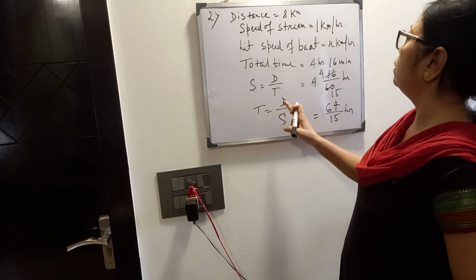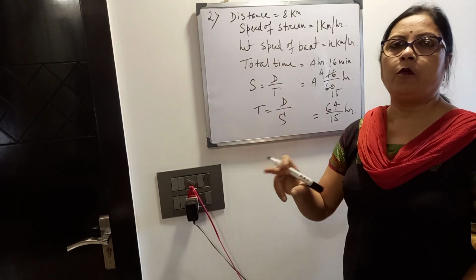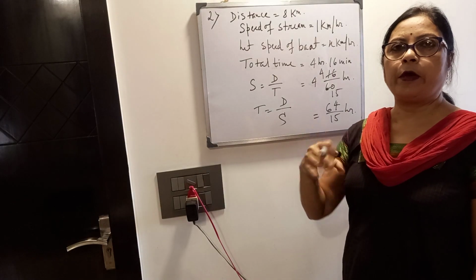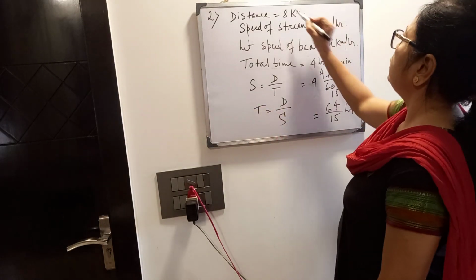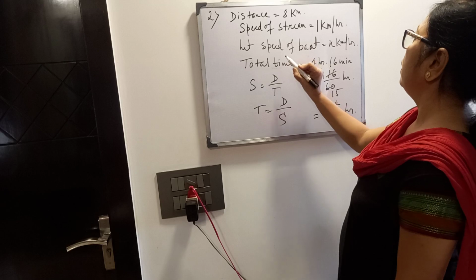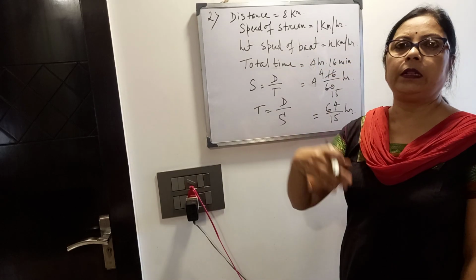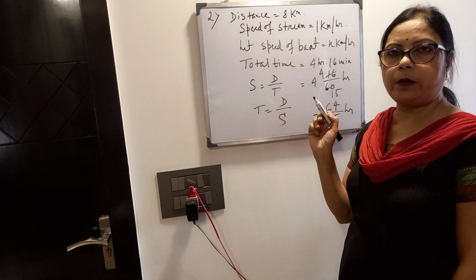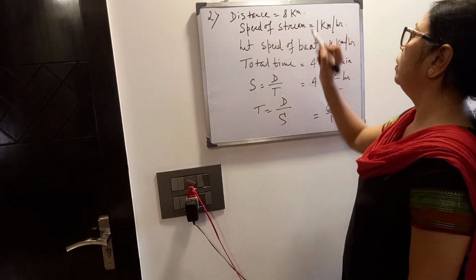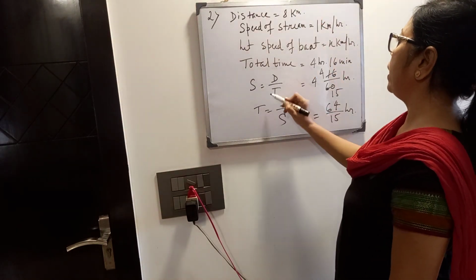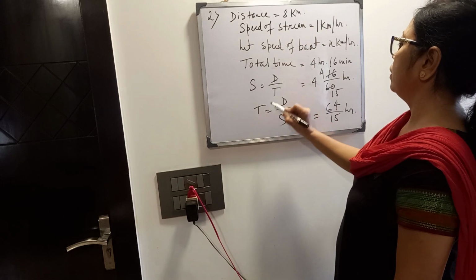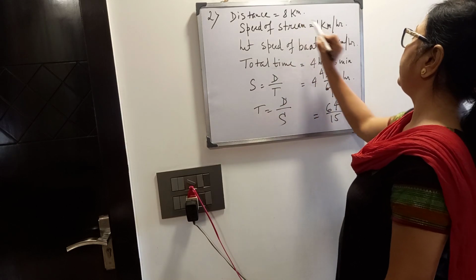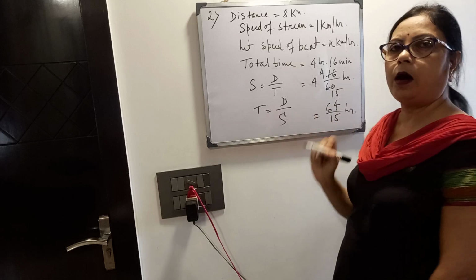Now what will be the time when the boat is going? Distance is 8 kilometer and the speed of boat at that time will be x plus 1. Just now I have discussed x plus 1. So your time, distance by speed, will be 8 by x plus 1 hour.